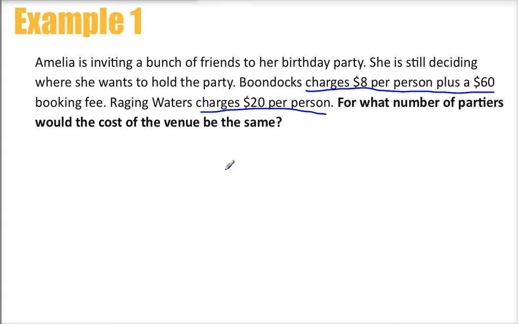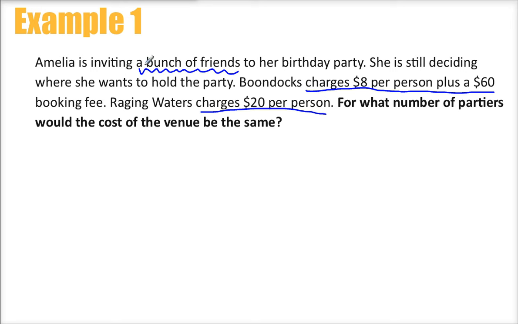Okay, so let's think about what we do know. That's kind of what I underlined, right? We know how much Boondocks charges, and we know how much Raging Waters charges. Okay, think about what we don't know. What information is left out? Well, right here in this first sentence, it just says Amelia is inviting a bunch of friends.